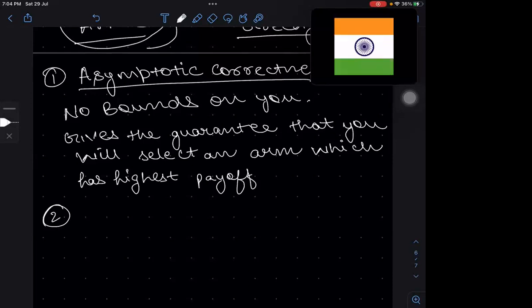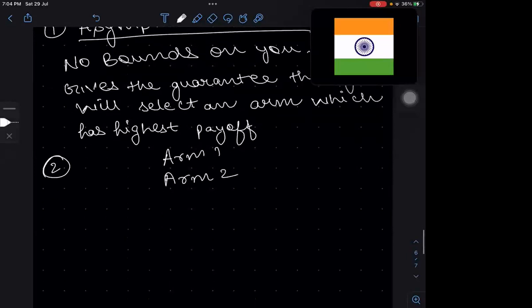Ma'am, what is the fundamental difference between bandit learning and asymptotic correctness? Bandit is basically the solution only. With bandit, we are having the arms, and the question is which one is the best arm. Now we are giving the guarantee. I have arm 1, arm 2, till arm 10.